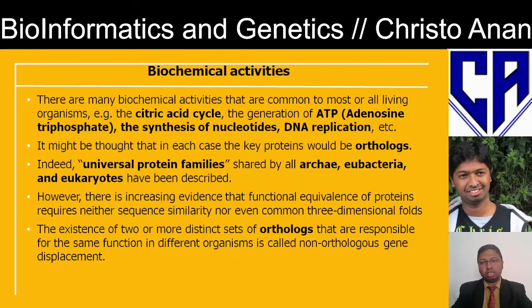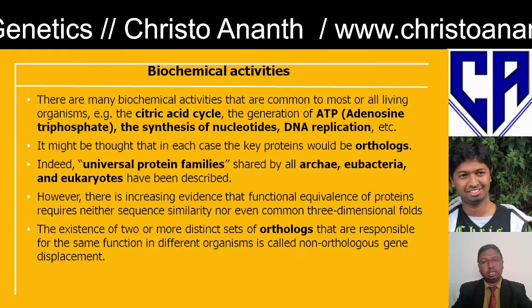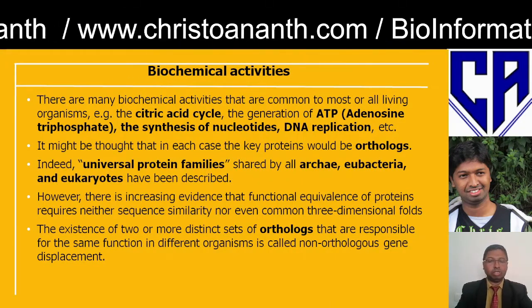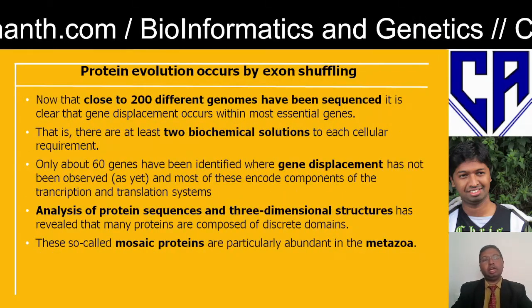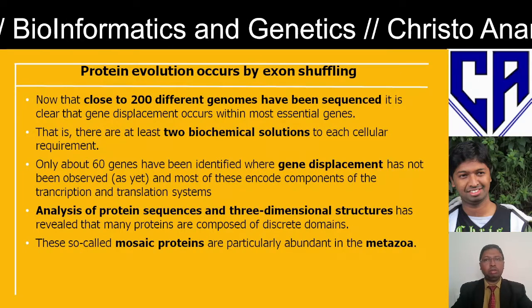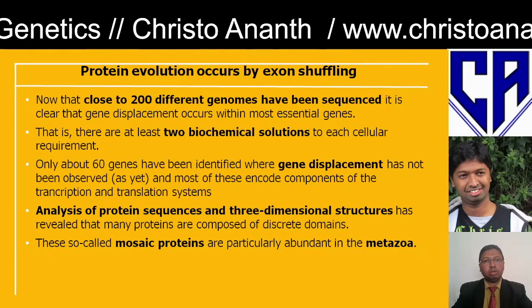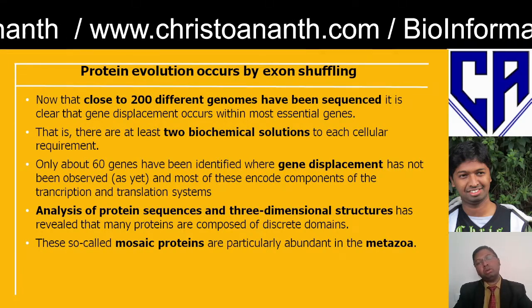So whenever you're considering orthologs, they are responsible for the same function in different organisms. So what you call the non-orthologous gene displacement. And protein evolution occurs by exon shuffling events. So maybe if you sequence close to 200 different genomes, you can see that this gene displacement occurs within most essential genes.